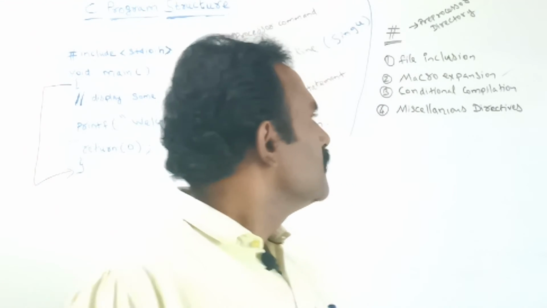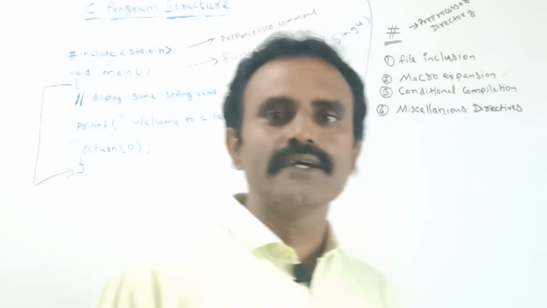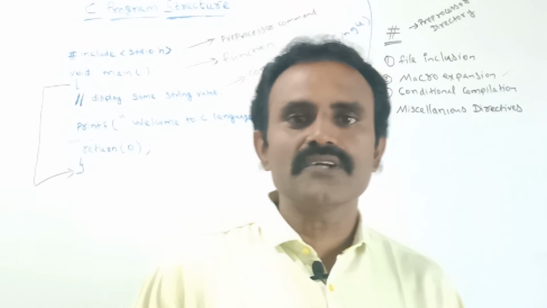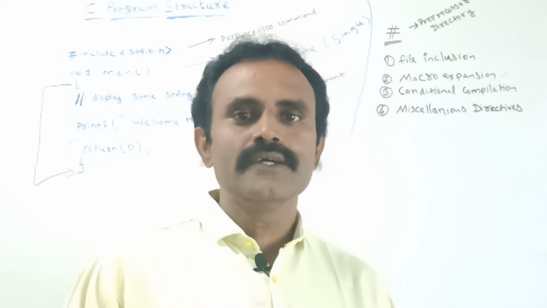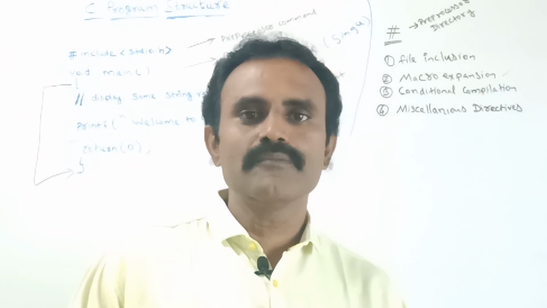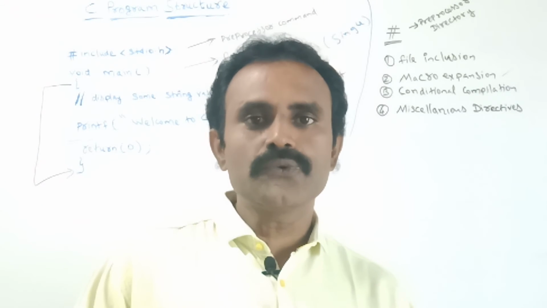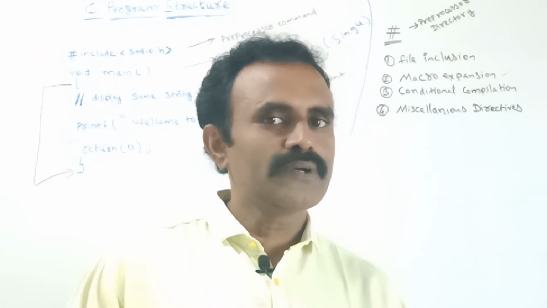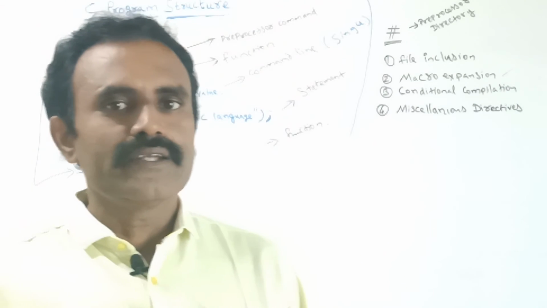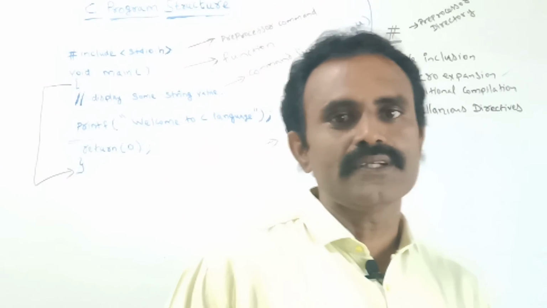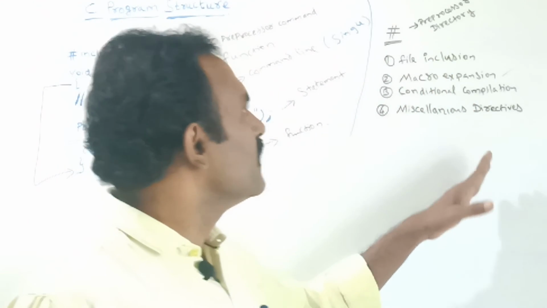The fourth one, miscellaneous directives, that is start and exit, which one we need to start first can be declared with pragma startup and pragma exit before terminating the program. Suppose we need to do some process, with pragma exit we can define some statement. In this way these preprocessor directives are used.